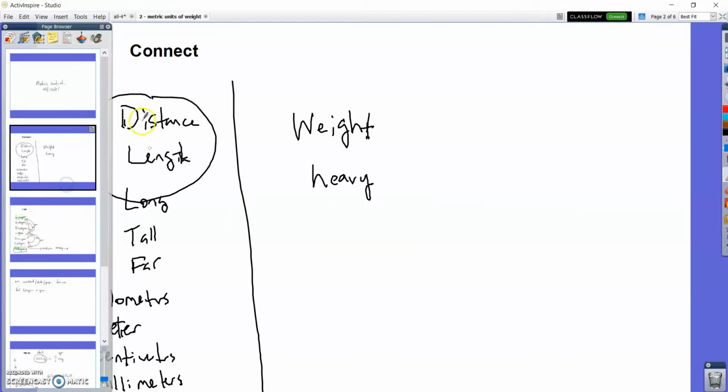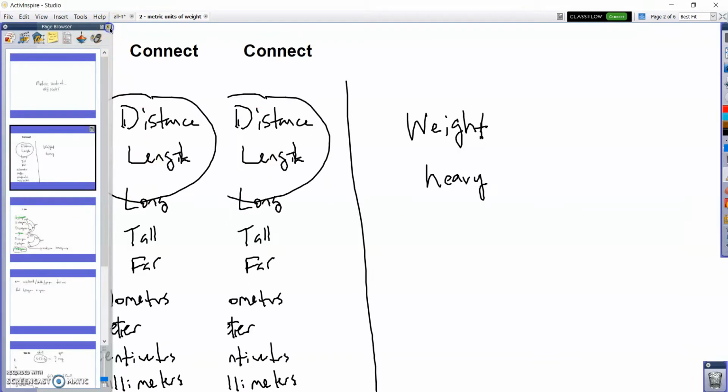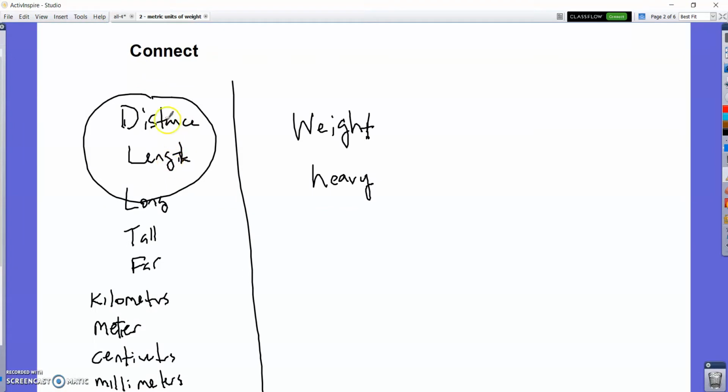Alright, so last time we talked about metric units of length and distance. So that was measuring how long things are, how tall things are, how far things are away. And we used this mnemonic: King Henry died, don't forget the base, drinking chocolate milk.